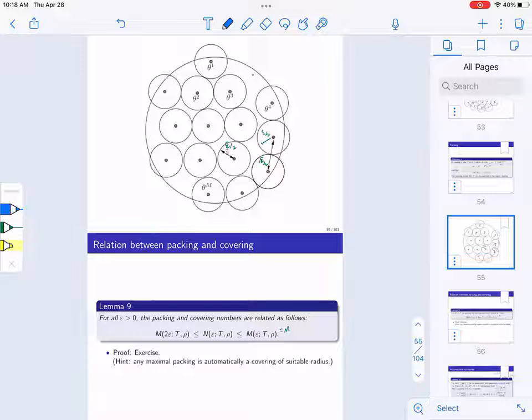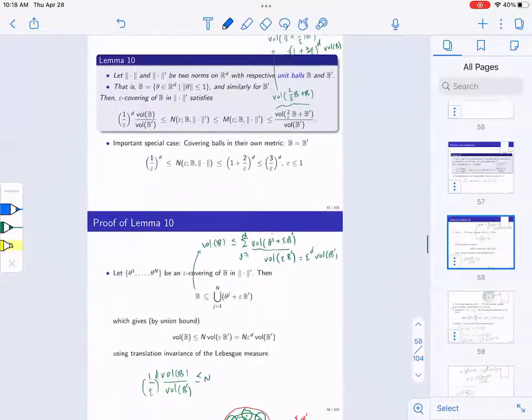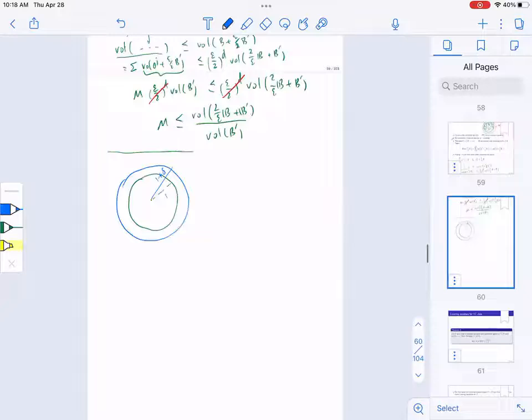The thing is that I can then add it. So that's the thing. In this case, if it's a one packing, the ball should have radius 1/2. That's right.